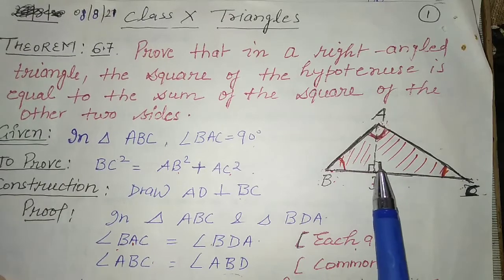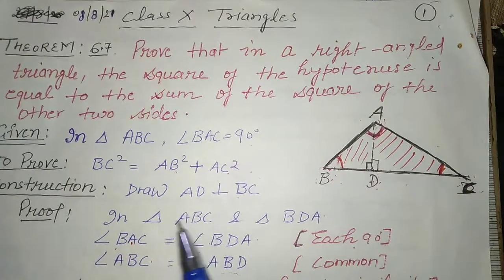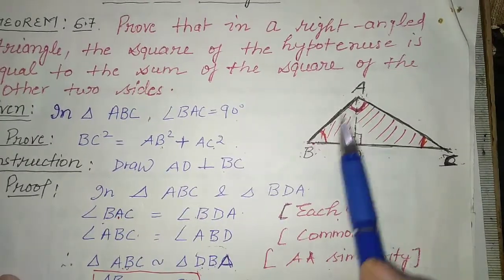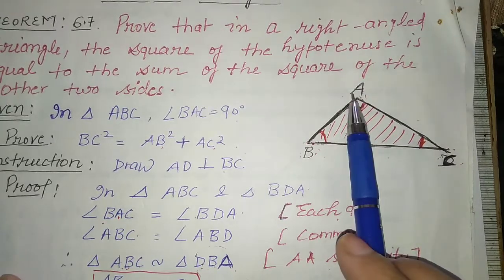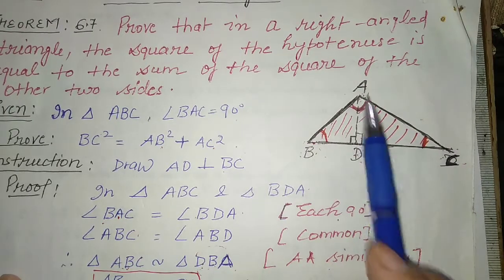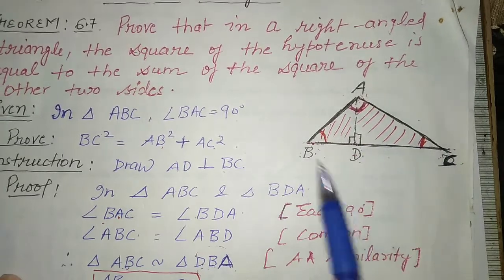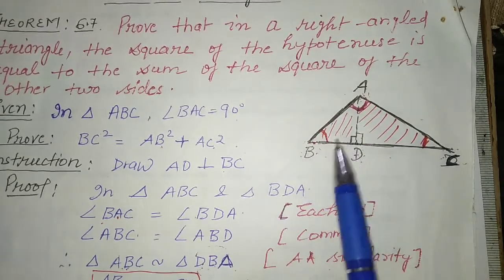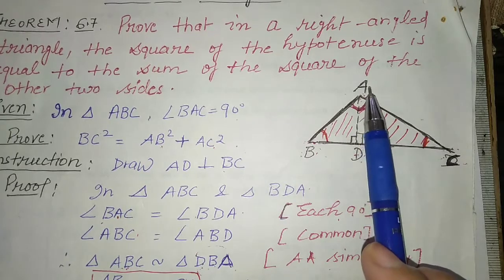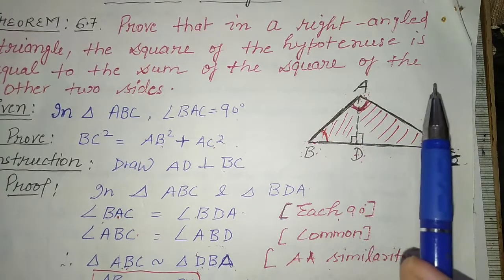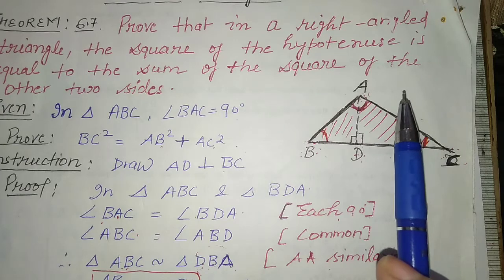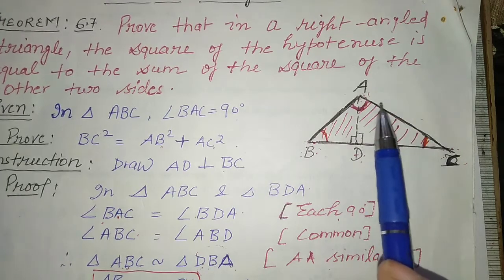Now when we do the proof, we will choose two triangles: the whole triangle ABC and the triangle BDA. This we have taken here. We will prove that these two triangles are similar.